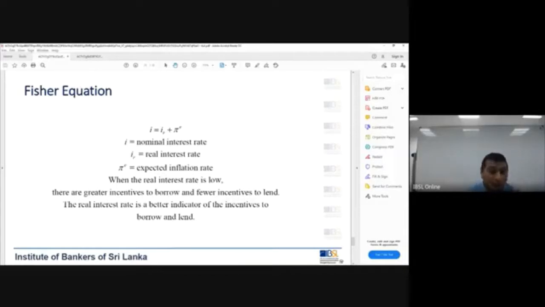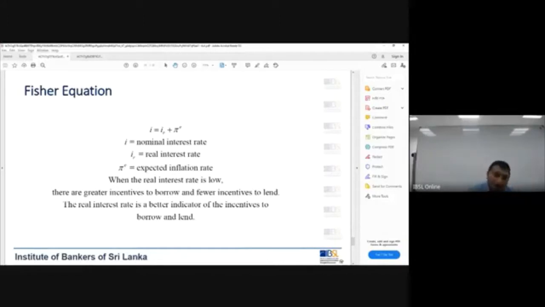Lenders would say, no, no, no. In the last 10 years, Sri Lanka had real interest rates of 2. So why should I lend below 7% if the expected inflation is 5? He would prefer to lend above 7%, and this borrower would prefer to borrow below 7%. So ideally, they both would come and settle at 7% based on the equation. So the market behaves like this.